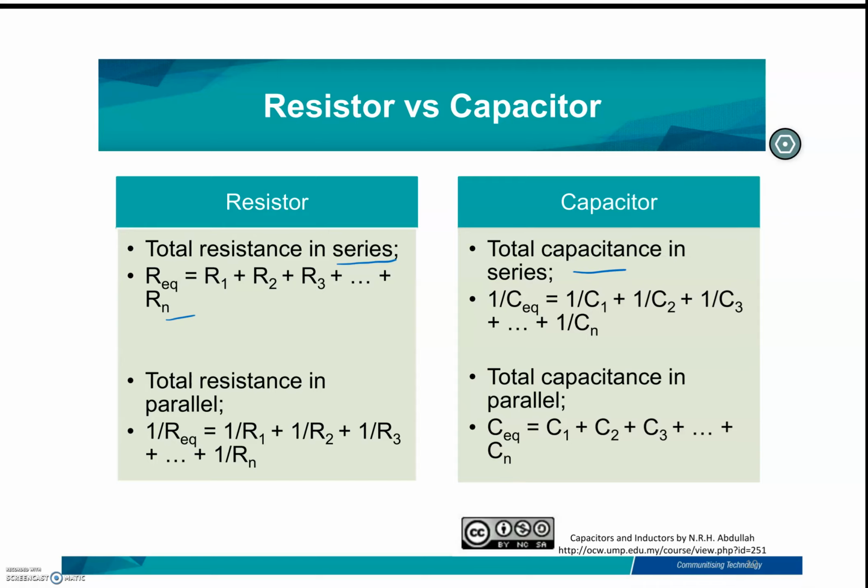For the total resistance in parallel, 1 over R equivalent is equal to 1 over R1 plus 1 over R2 and so on. As you can see, the total capacitance in parallel is similar to the total resistance in series, and the capacitor in series is similar to the equation for the total resistance in parallel.